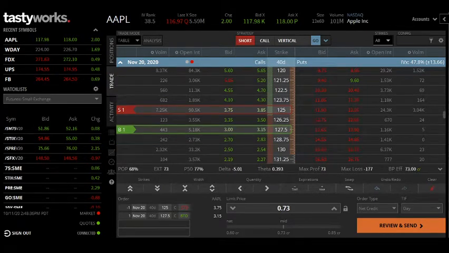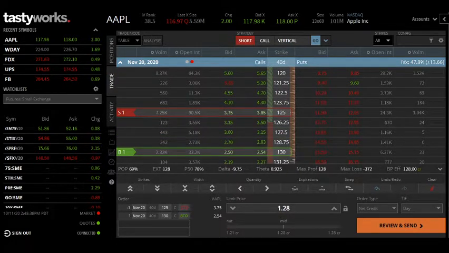If you drop it down to the 125, 130, you're collecting 1.28 with a 69% probability of profit and a 78% probability of 50% profit.